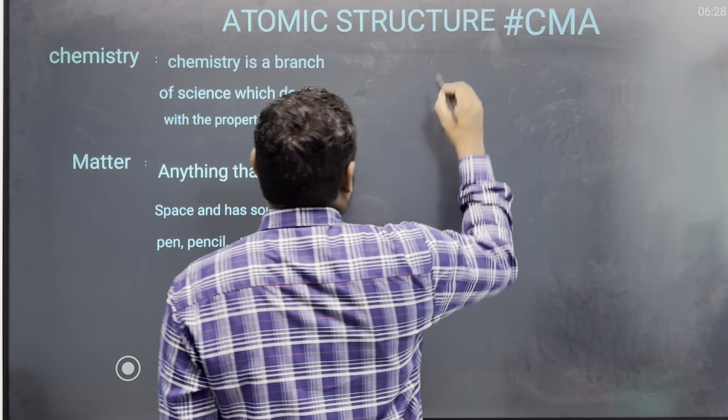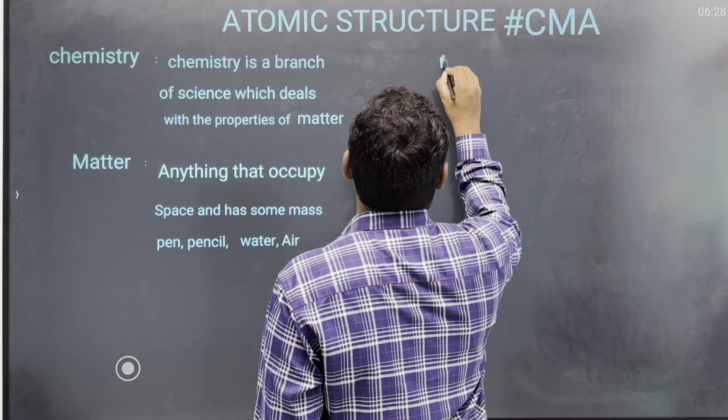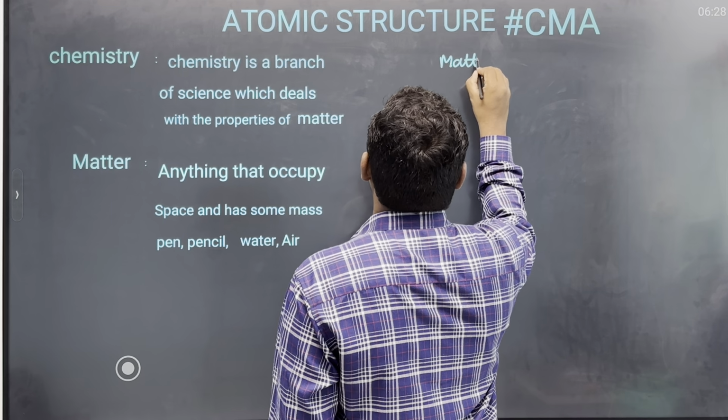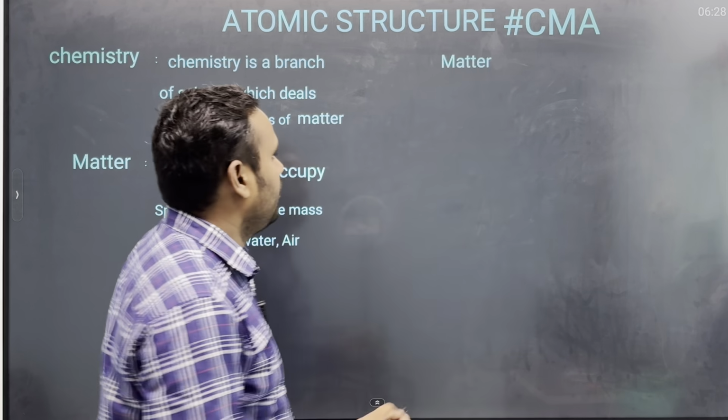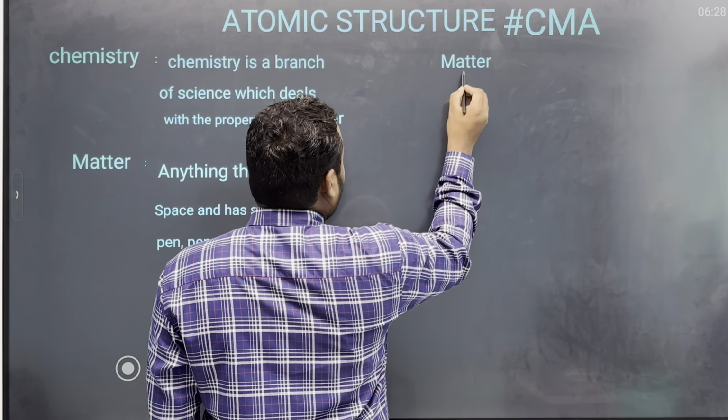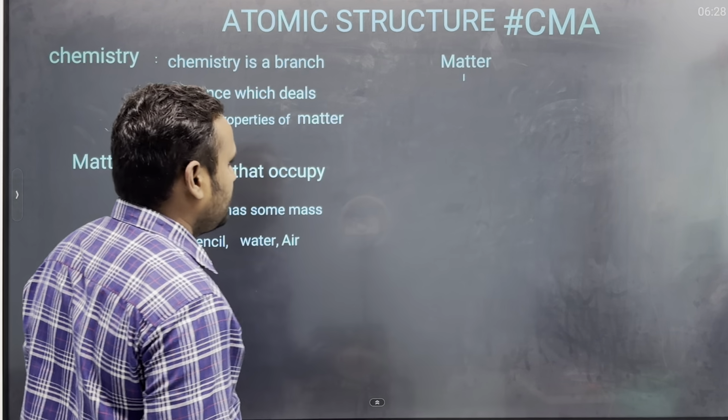So classification of matter, how we can classify the matter. Matter can be classified into two types.